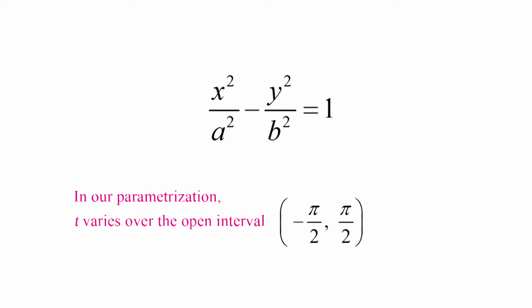In our parameterization, t varies over the open interval with the left endpoint negative pi by 2 and right endpoint pi by 2.